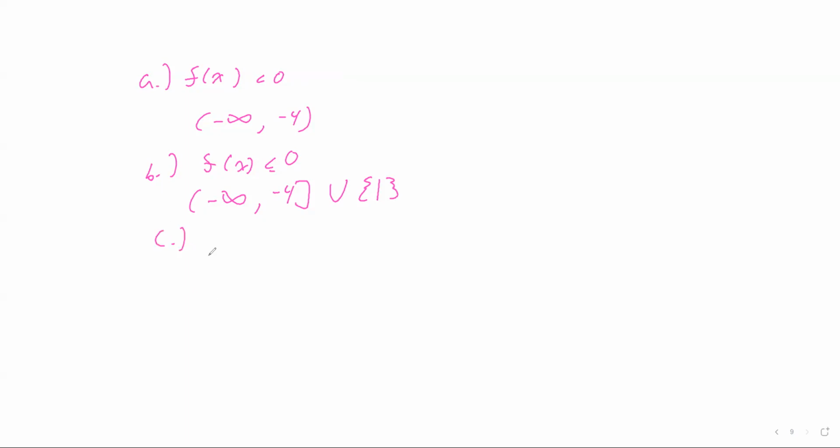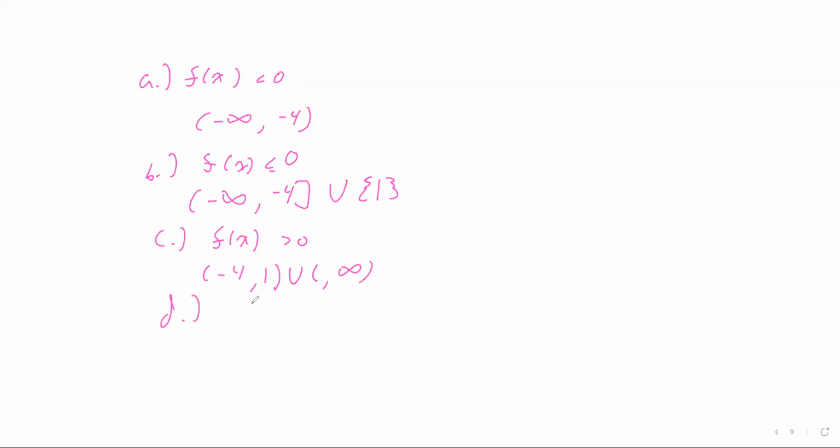Part C says f of x is greater than 0. So now I'm asking, when is it above the x-axis? So that's from -4 to 1, because technically it's not above the x-axis, it's on the x-axis, and then 1 to infinity.